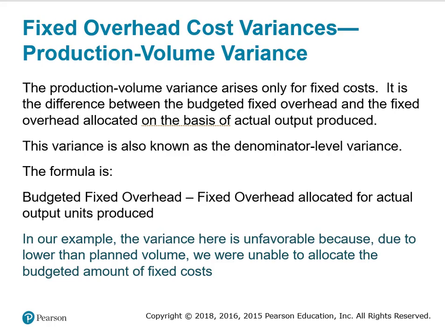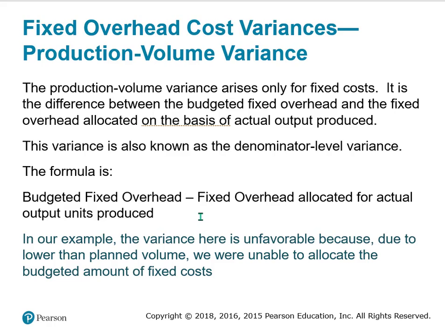Now the production volume variance is the difference between budgeted fixed overhead and fixed overhead allocated on the basis of actual output produced. So that would have been what was allocated to jobs or something like this. The variance is also known as the denominator level variance, or the output level overhead variance, because that is the basis of the variance.